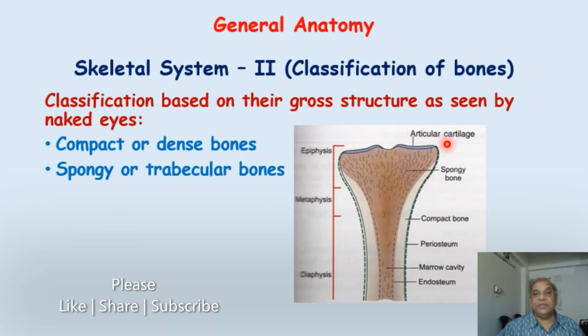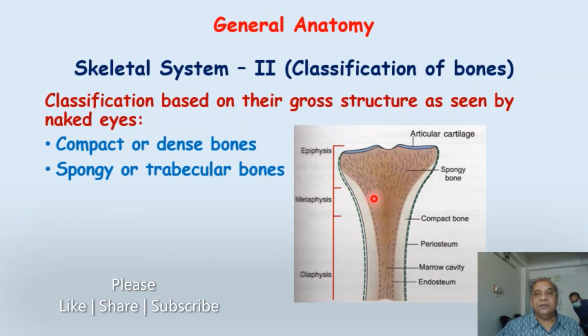One which is forming the end of the long bone is spongy bone, which looks like a sponge. There are a lot of interconnected spaces present in between the interanastomosing bony spicules, trabeculae, and plates, and they form a spongy bone.